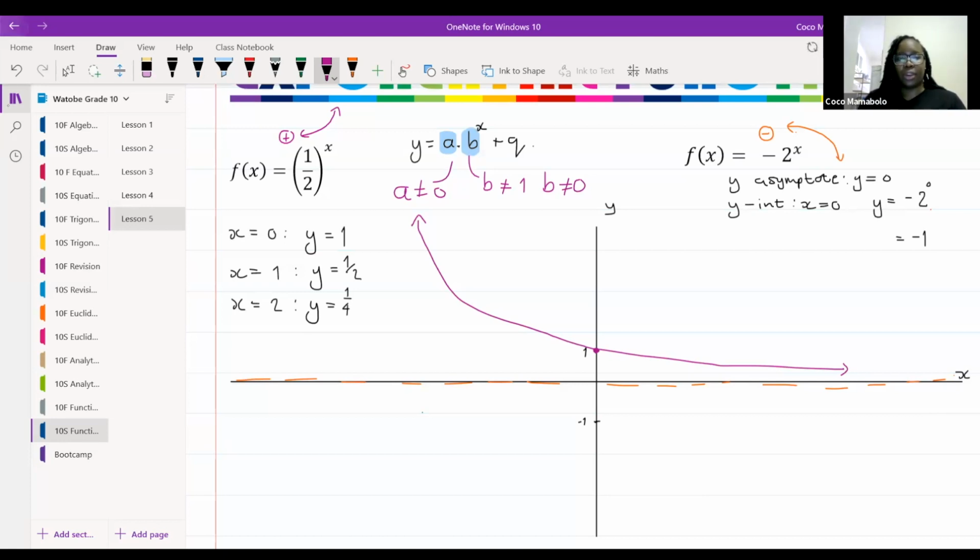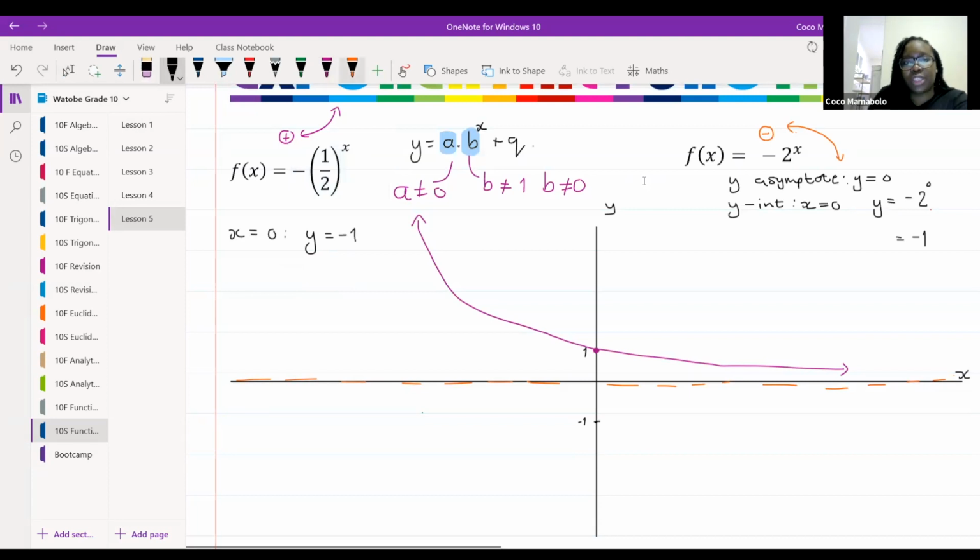All right. What happens if I make it -1/2? If I make it a -1/2, what are we going to get? I know that at x is equal to 0, my answer will be -1. So my graph will start down here. But guys, consider x is equal to 1 and x is equal to 2.